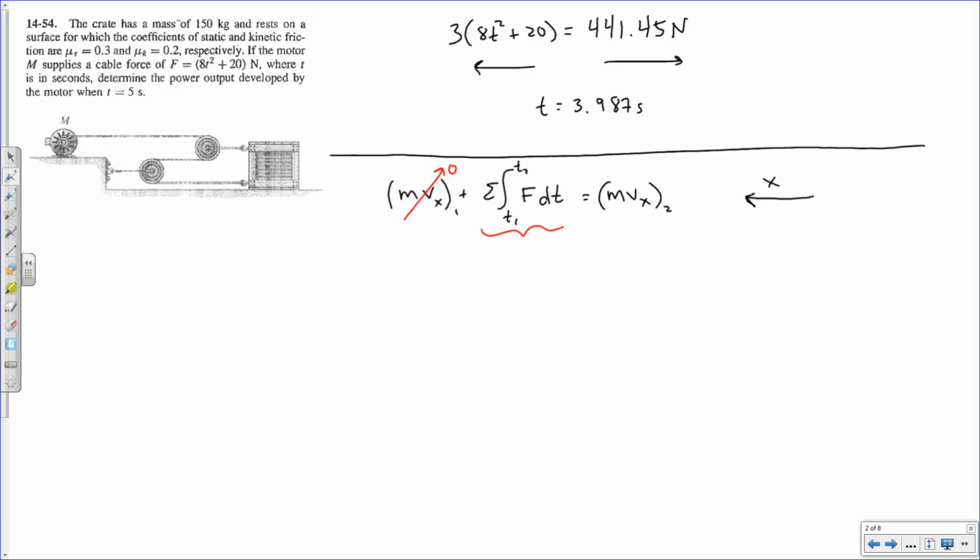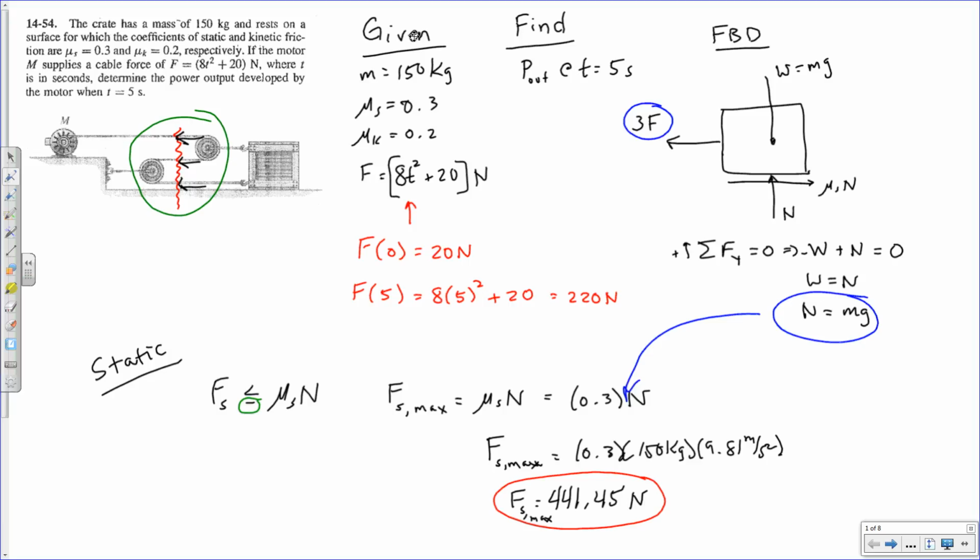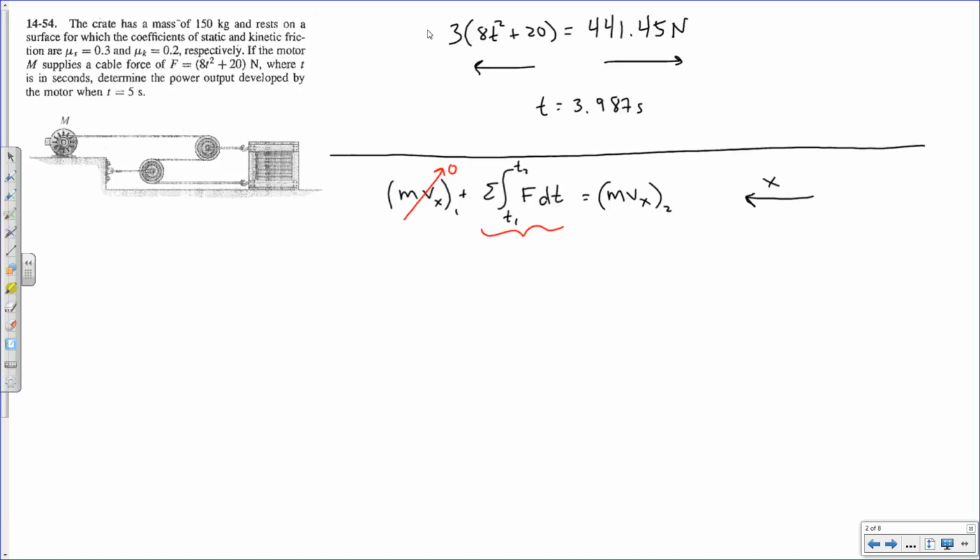If we go back to our free body diagram, we recognize that in the x direction we have two forces. We have one force pointing towards the left, 3 times F, where F is this time-varying force from the motor. And we also have a force pointing towards the right, that's the friction force. Once the object starts moving, that friction force is the product of mu k times N, because we have kinetic friction at that point.